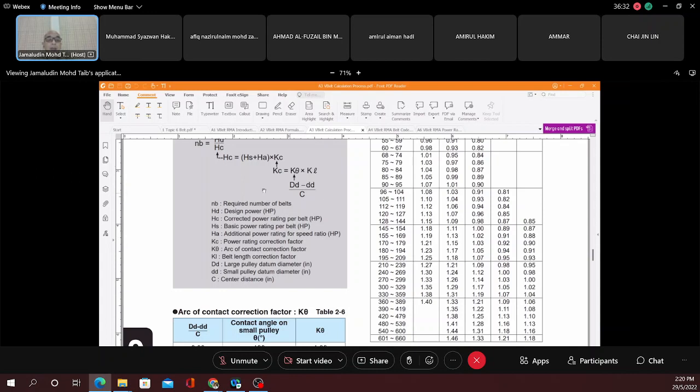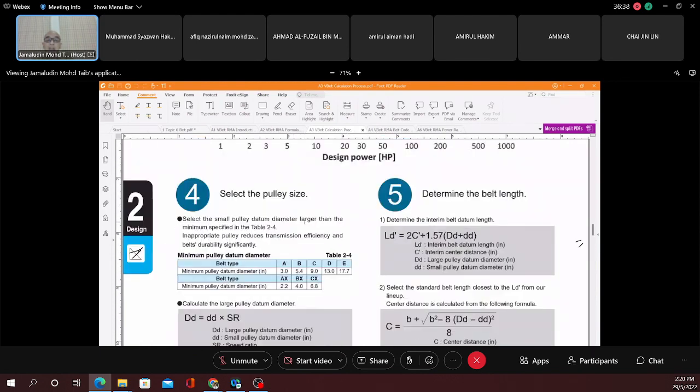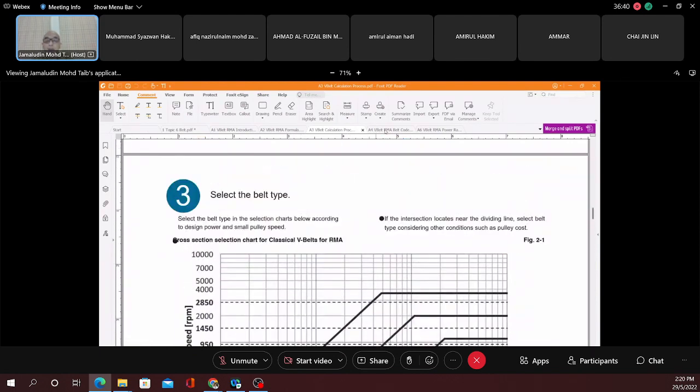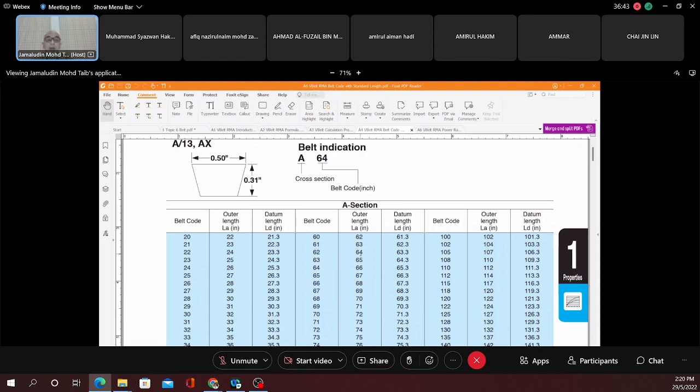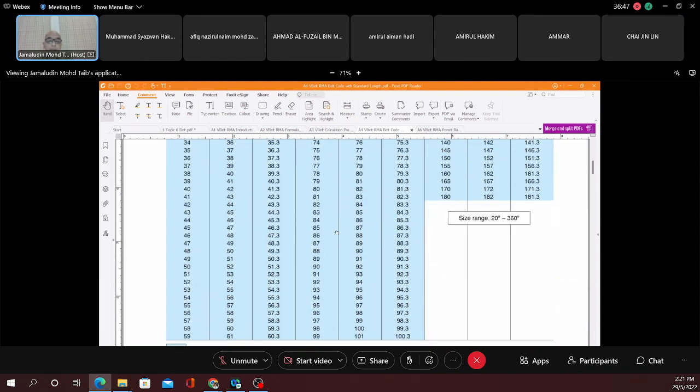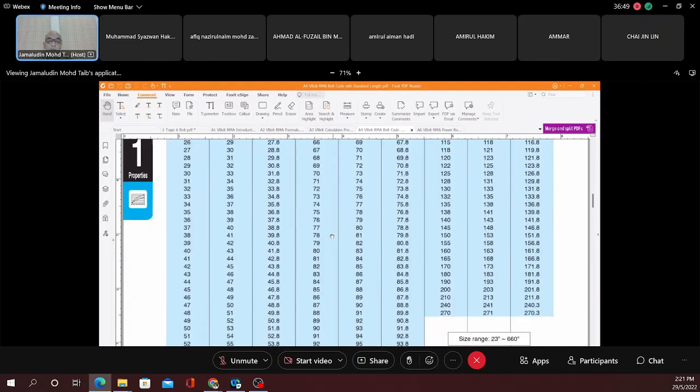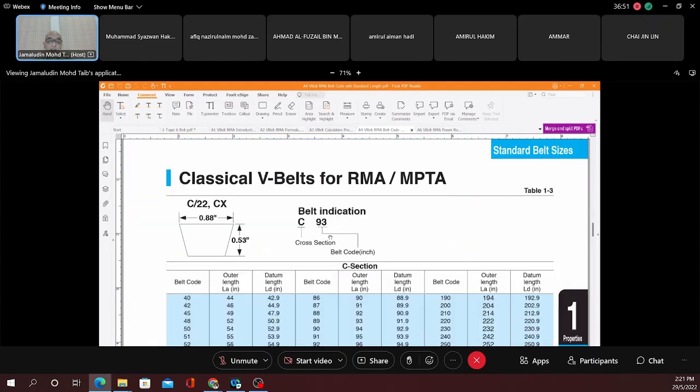The third slide, A1, A3, will be the belt calculation. This is going to be the step. That's the power belt, power based on A, based on B. There's a C type.